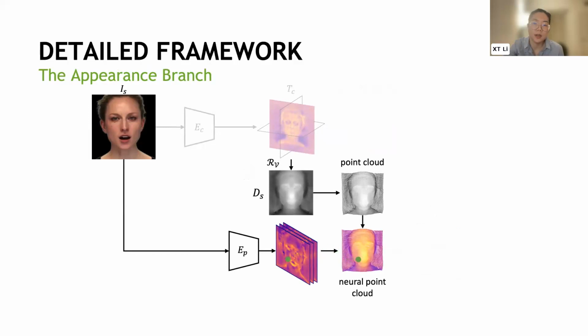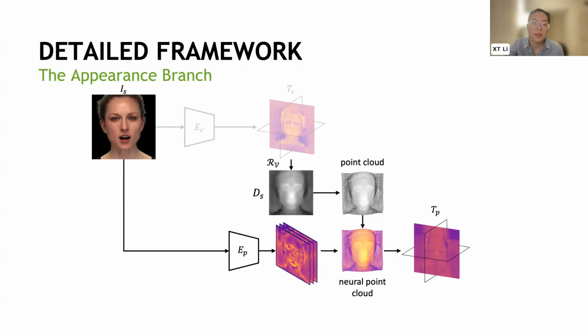We also attach the corresponding feature vector from the 2D feature map to each point in the point cloud. The intuition behind this design is that if we directly lift the 2D image into 3D using the camera pose and the rendered depth, then we hope to maximally preserve the texture details in the final reconstruction.